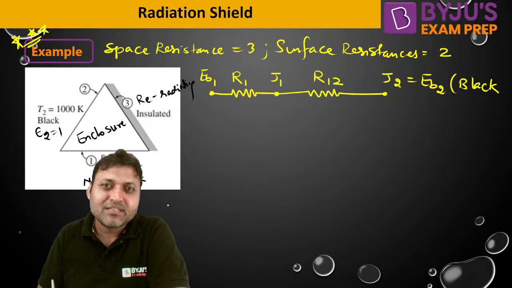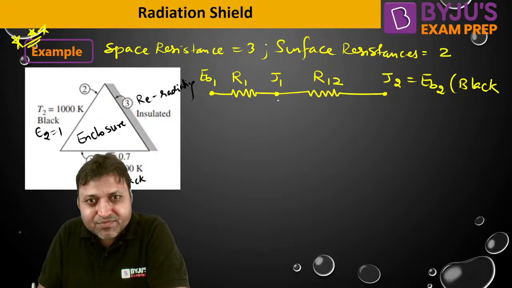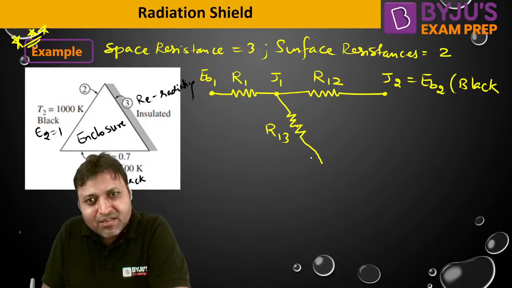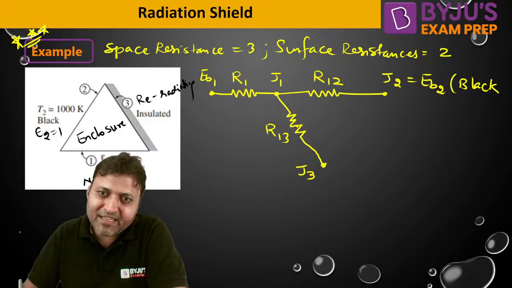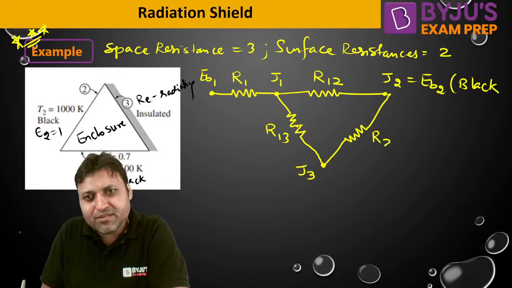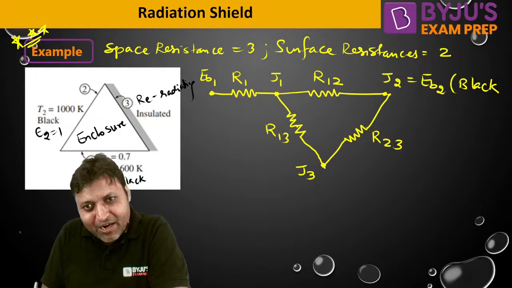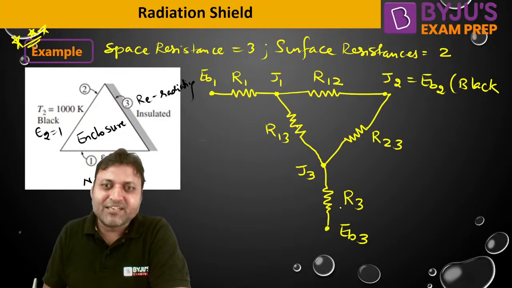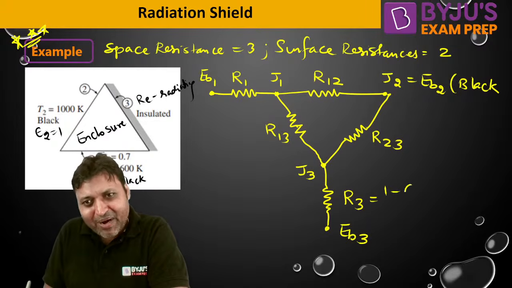Then between 1 and 3, this is R1 to 3, this is J3. And there is another resistance R2 to 3. One more resistance will be there, that is EB3, because for the third surface, this is R3, given by (1 minus epsilon 3) upon epsilon 3 A3.